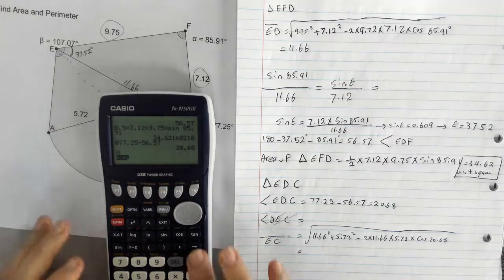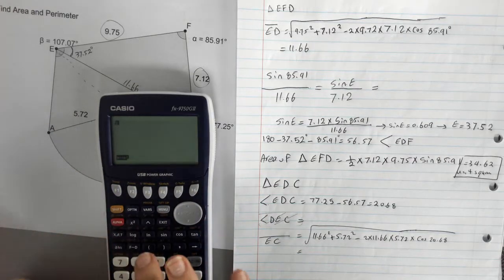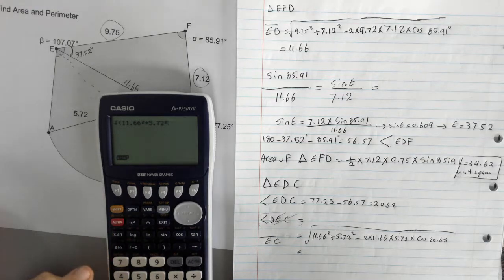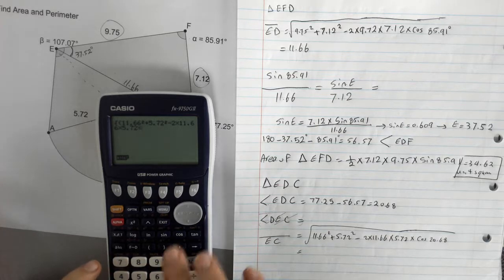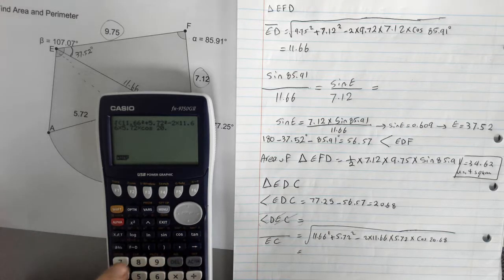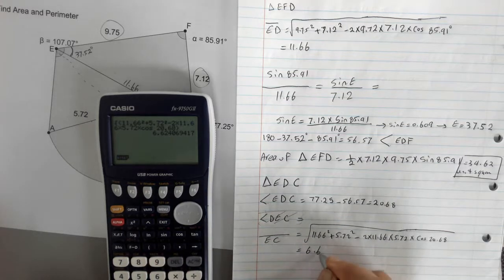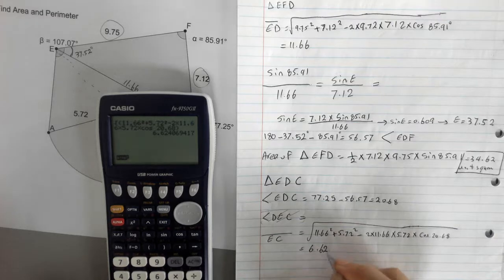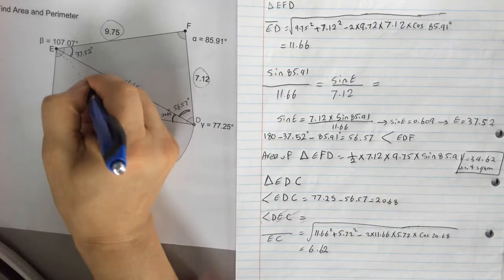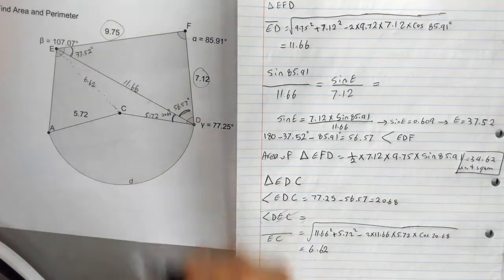And to put that in the calculator all at once, I would do the square root, and I open bracket 11.66 squared plus 5.72 squared minus 2 times 11.66 times 5.72 times cosine 20.68, and close that bracket, and this gives me 6.62. So that side here is 6.62.